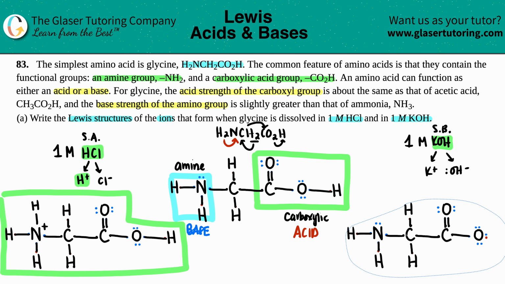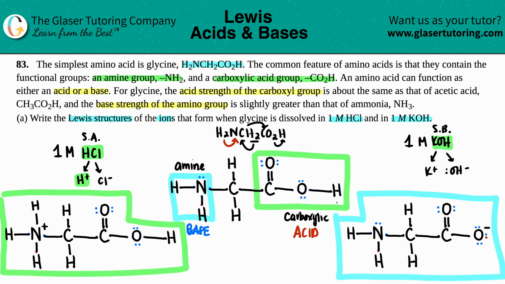And now, if we put the formal charge on it, this oxygen now has a negative because it lost the hydrogen. And that is the answer for the base. So maybe if I just write this now, this is in 1 molar HCl, and this is in 1 molar KOH. And those are your two answers.